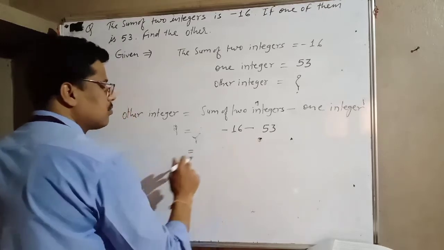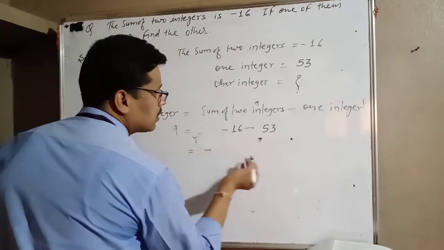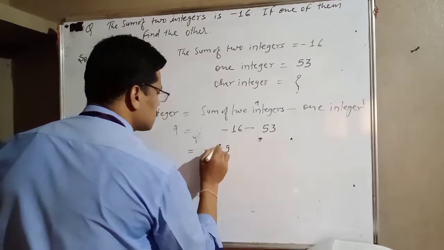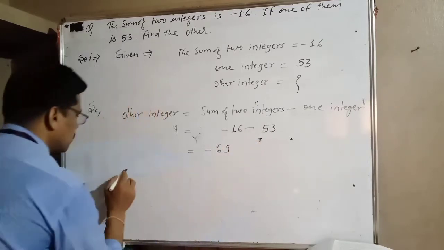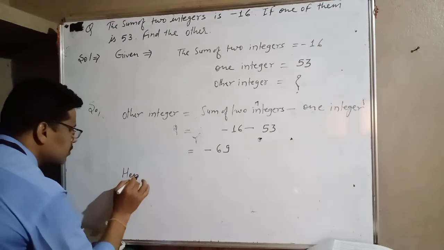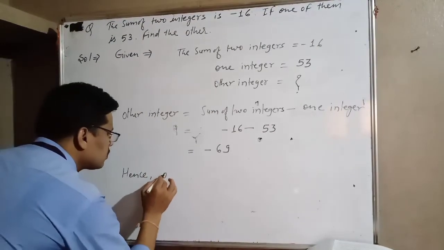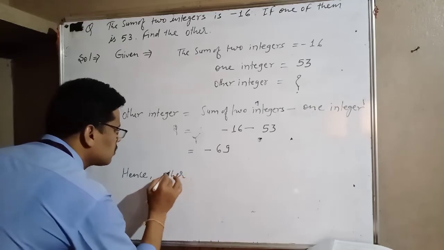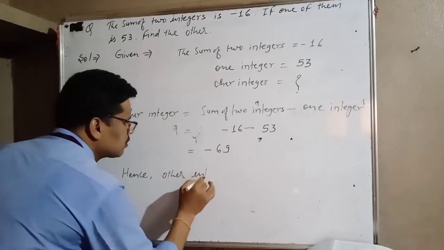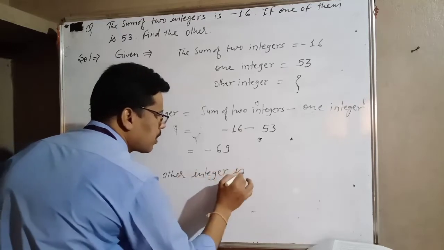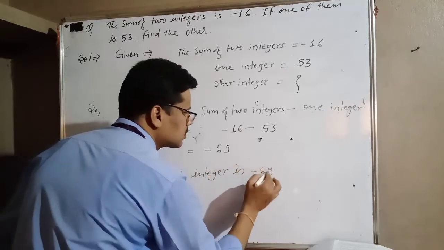So what do we get here? Minus 69. At last you can write: hence, the other integer is minus 69.